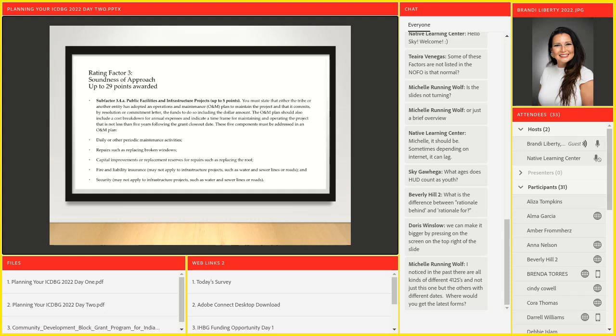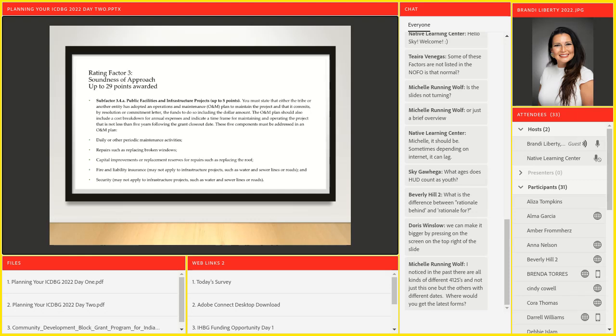An O&M plan should also include the operating cost breakdown for the annual expenses and indicate a time frame for maintaining and operating the project that is not less than 5 years following the grant closeout date. So you need to be able to show that you can sustain this project for 5 more years after you close out this funding.